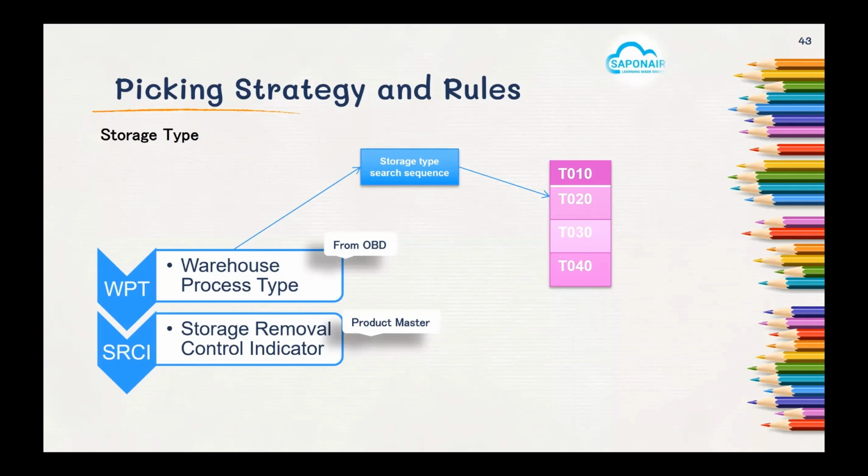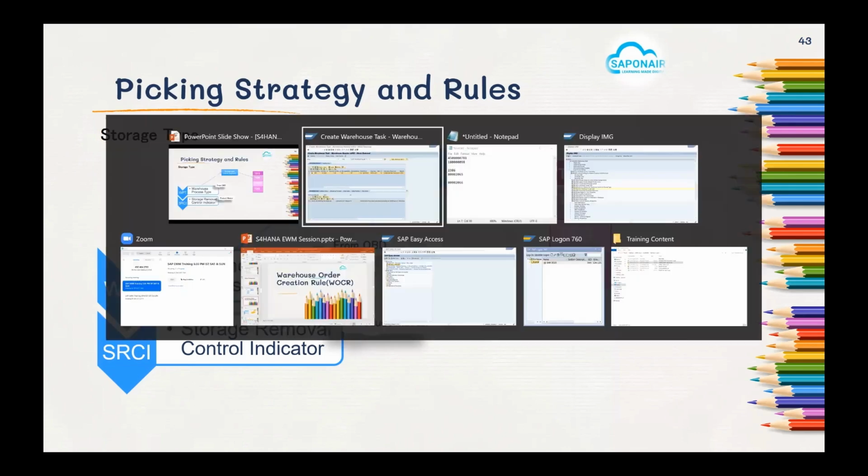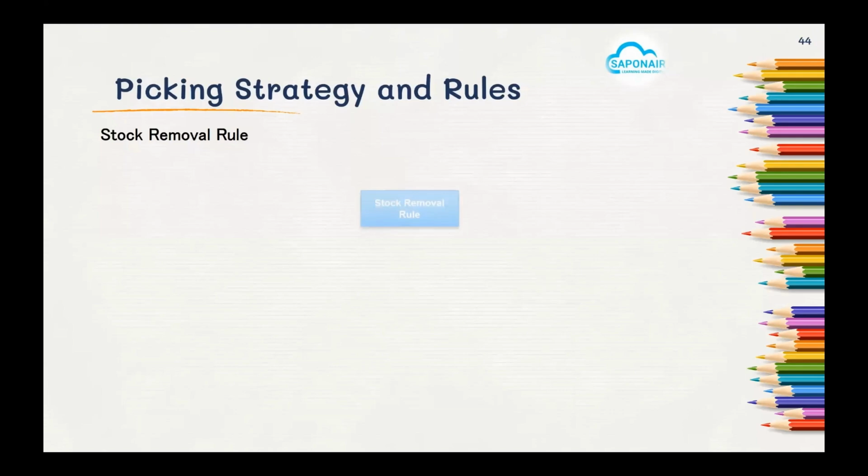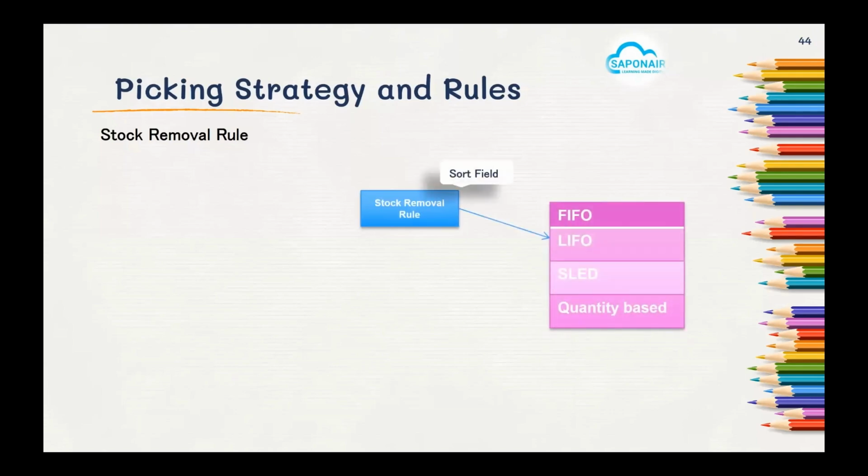So this I am going to do now. And then what is the stock removal rule? So you see the stock removal rule. We have something extra, an object called the stock removal rule, which is basically used for sorting your stock based on FIFO or LIFO or based on SLED or quantity, or whatever criteria you want, to list out your bins under this particular storage type.